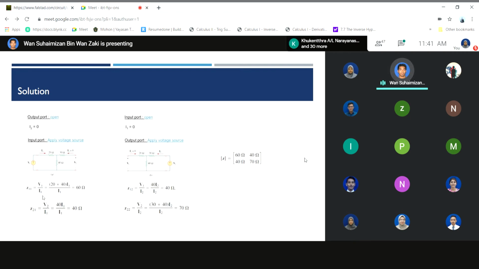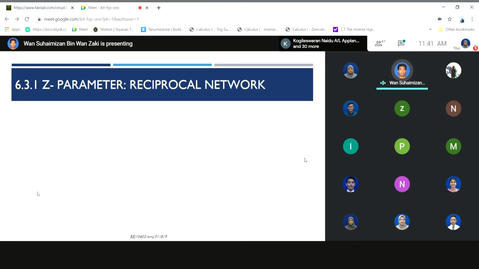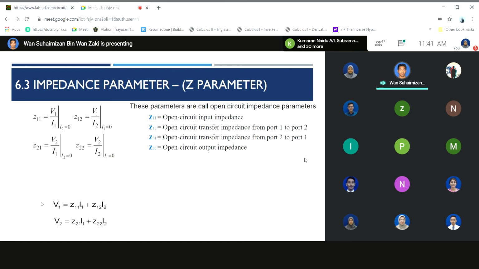So how they got this equation basically is from the general equation for Z parameter. We have V1 equals to Z11 I1 plus Z12 I2, and then we have V2 equals to Z21 I1 plus Z22 I2, right?